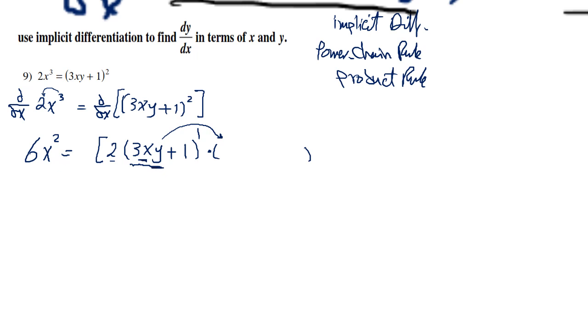So the derivative of the first, which is 3x, is 3, multiplied by the second, which is y, plus the derivative of the second, y, which is dy/dx, multiplied by the first, 3x.